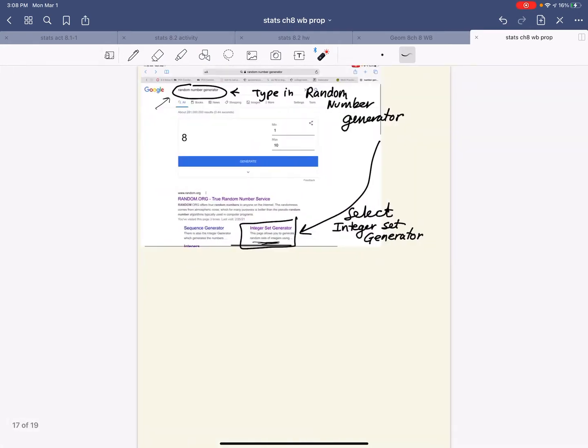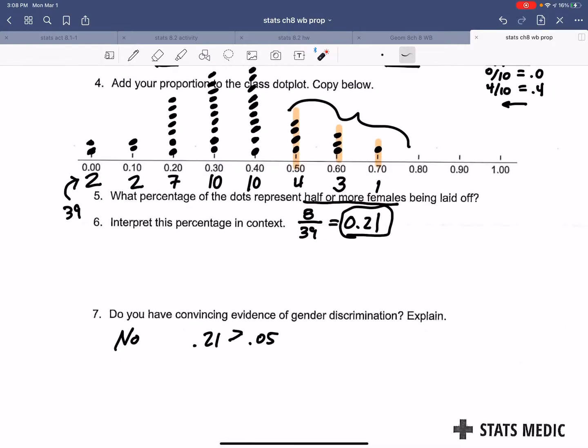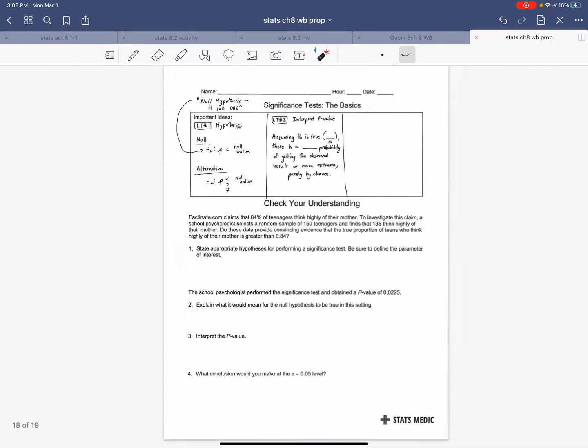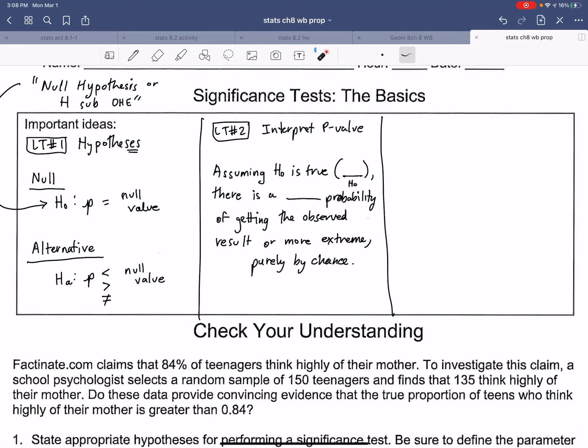So it's not incredibly likely, but we found that it does happen 21% of the time. That would be what you should expect to occur. So what do we call our probability? That's actually our p-value. So in that problem, my p-value is 0.21.